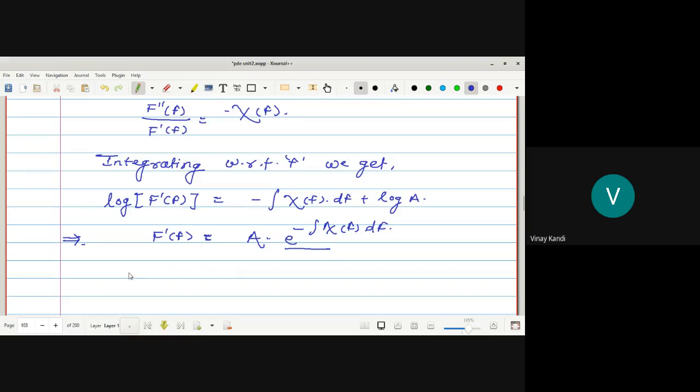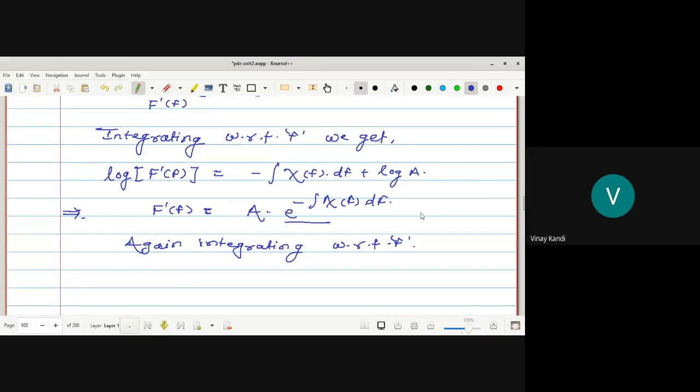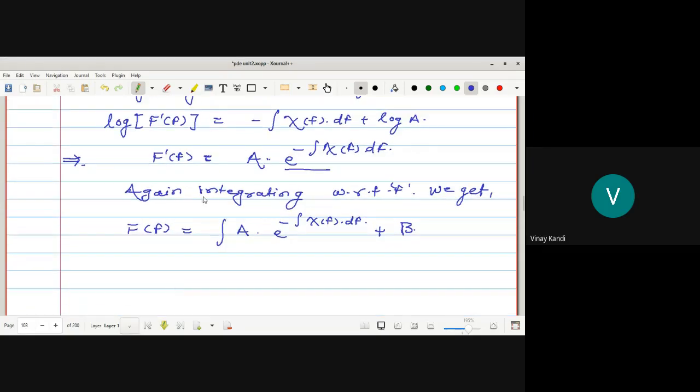So again integrating the above equation with respect to small f, we get F of f is equal to integration of a into e raised to minus integration of chi of small f df plus the integration constant b, where a and b are constants of integration.